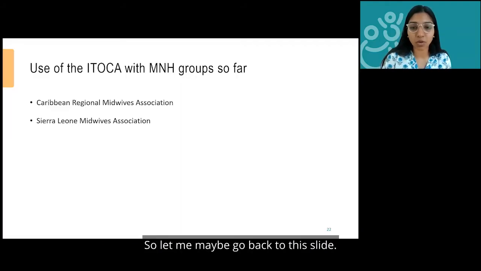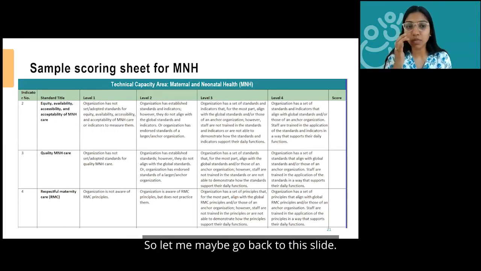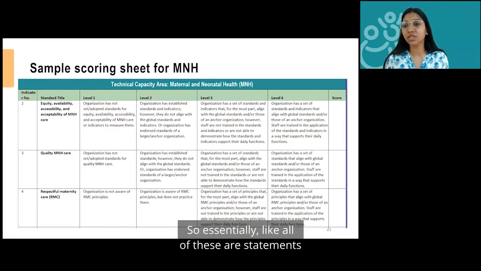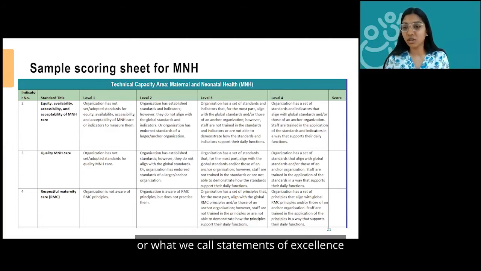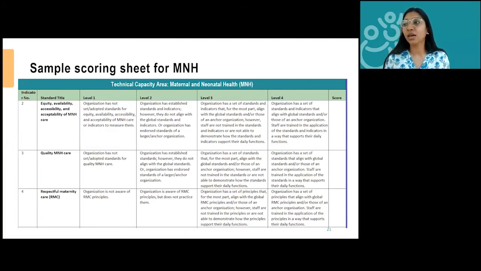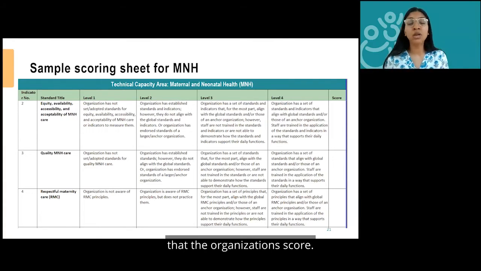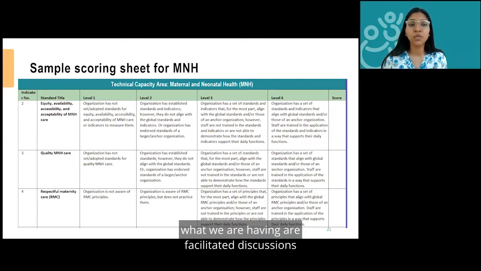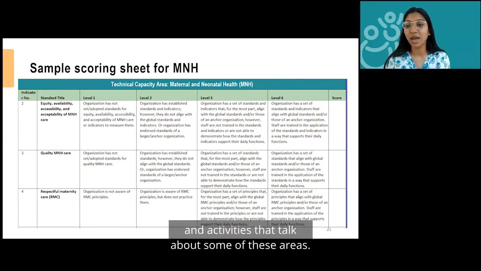Let me go back to this slide. Essentially, all of these are statements, or what we call statements of excellence, that the organizations score. But prior to scoring, we have facilitated discussions and activities that talk about some of these areas.